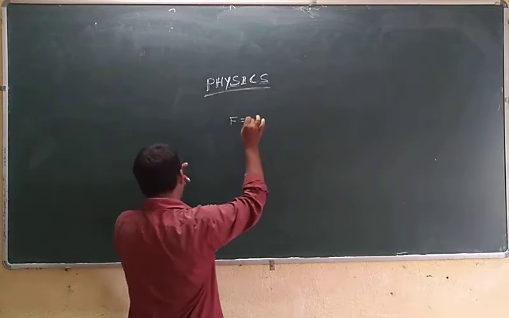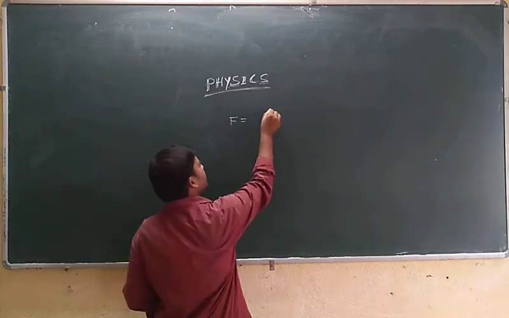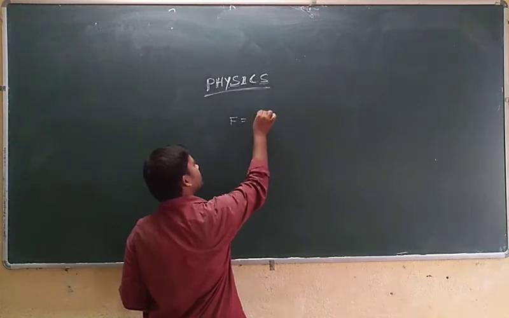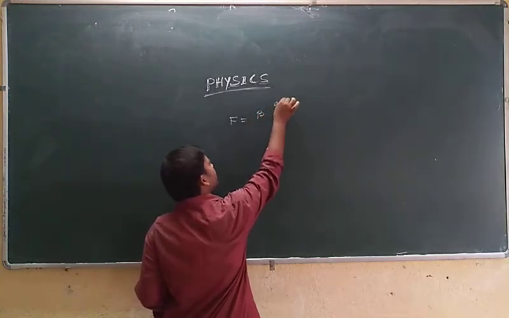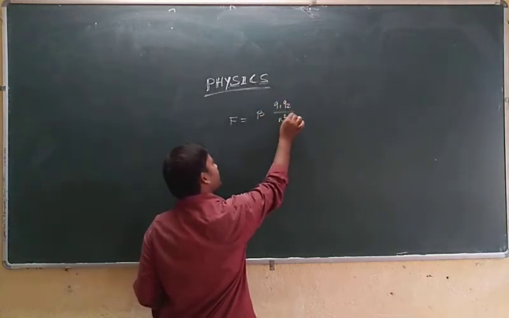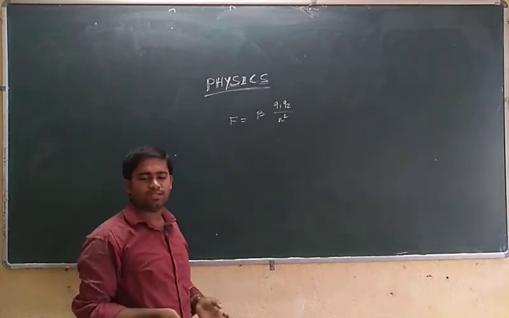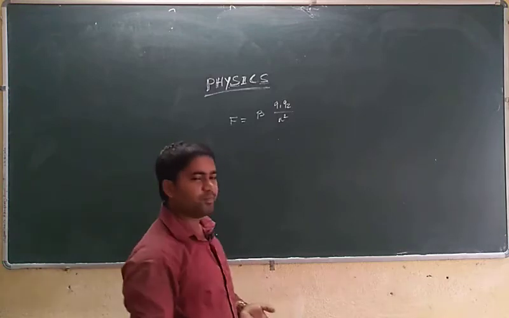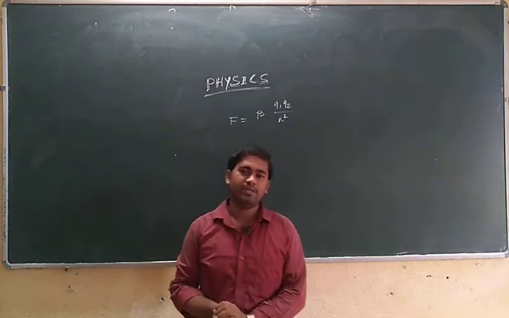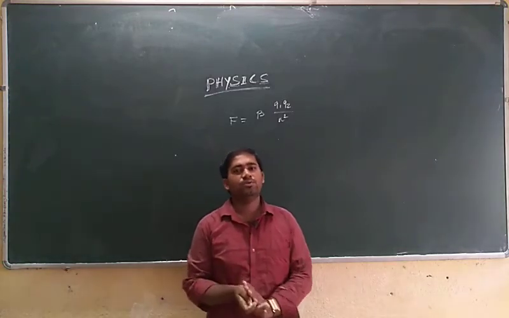Suppose I consider the point charges Q1 and Q2, then the force between the two charges equals beta Q1 Q2 divided by R square, where we take beta as a proportionality constant, and the value of beta depends upon the medium between the two charges.